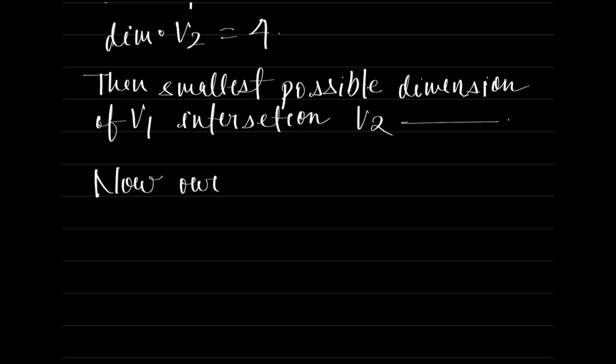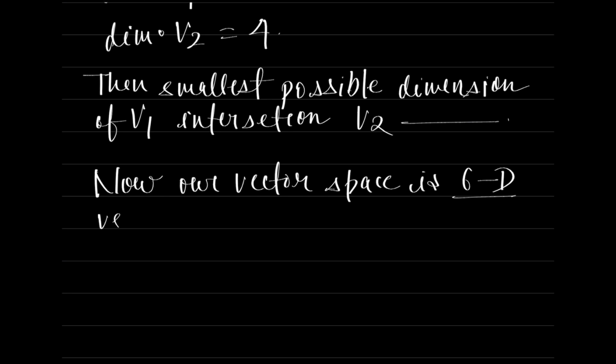Now our vector space is a 6-dimensional vector space.